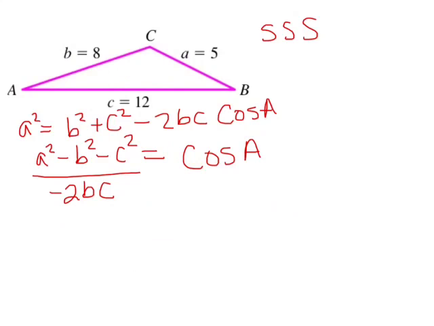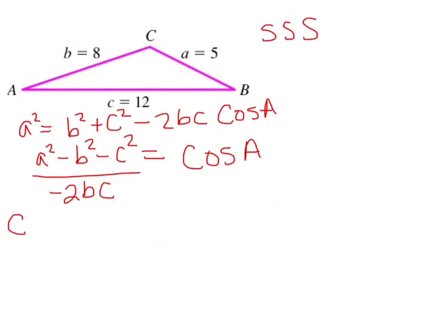However, we have a trigonometric function, cosine inverse, that we can apply to both sides to get a by itself. Cosine inverse basically gets rid of the cosine. So I'm going to apply the cosine inverse to both sides.